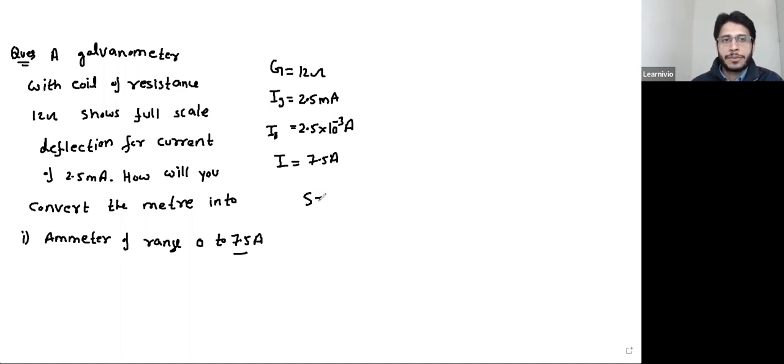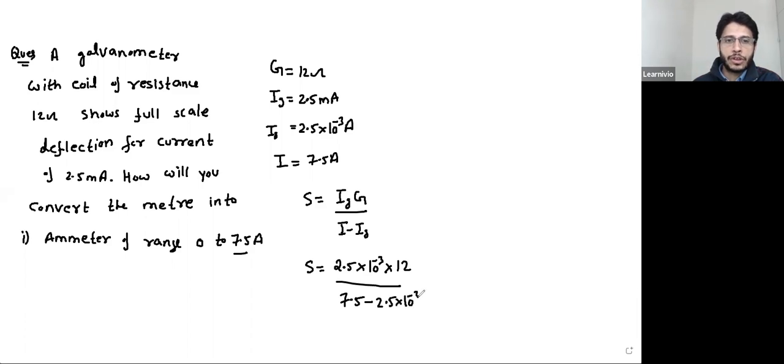You can write the expression for your shunt resistance as Ig into G over I minus Ig. So your shunt resistance is 2.5 into 10 raised to the power minus 3 into G, which is 12, by I minus Ig, it's 7.5 minus 2.5 into 10 raised to the power minus 3.